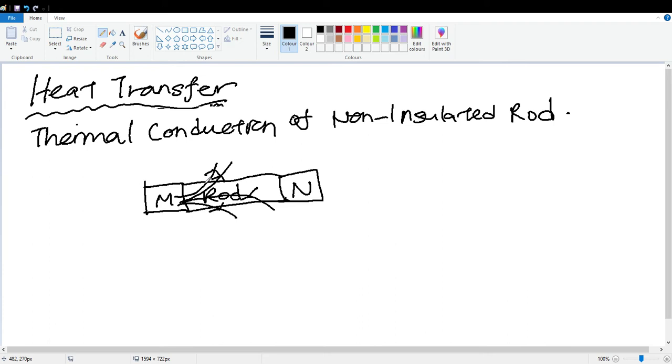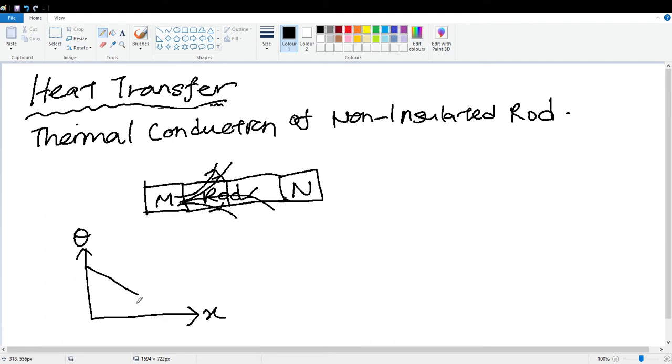Okay, so in terms of graph, if the rod is insulated, the heat flows from the hotter region to the colder region. Let's say we have two rods.